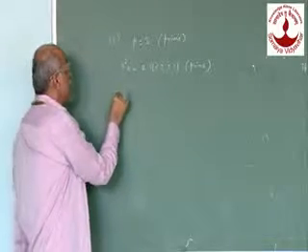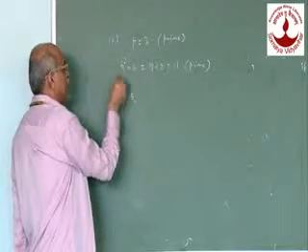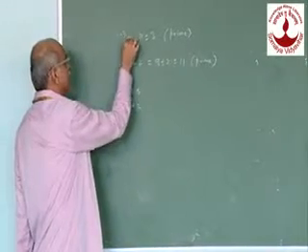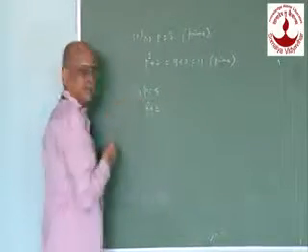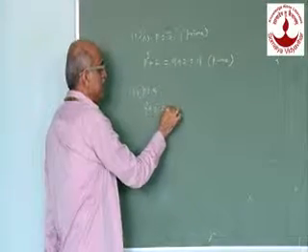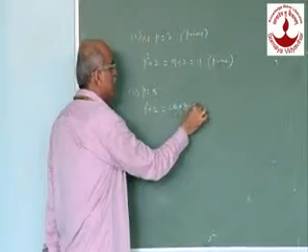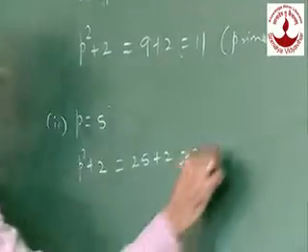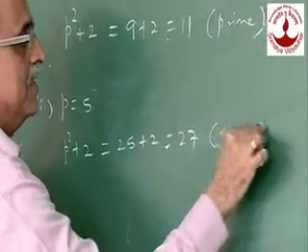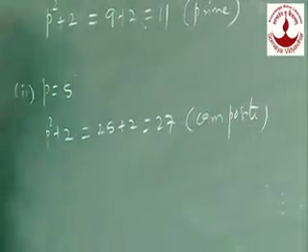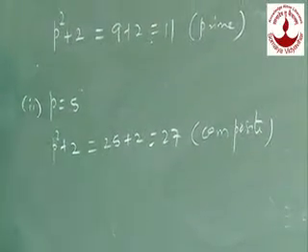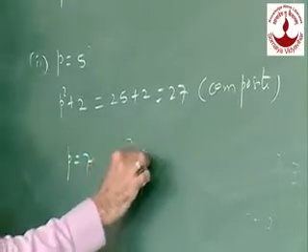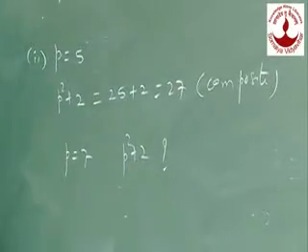But suppose P is equal to 5, then what will be P square plus 2? 5 square is 25 plus 2, which is 27. Is it prime or composite? Composite number. So, can you have some other primes? If I select P equal to 7, what happens to P square plus 2 and so on?